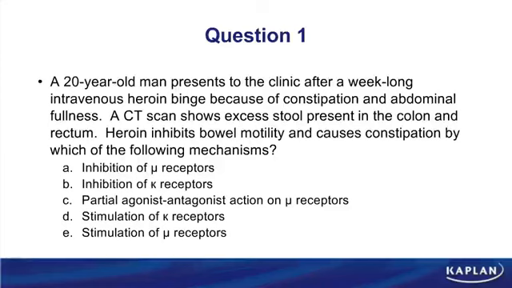In fact, it's a full mu agonist. How does heroin inhibit bowel motility? By stimulating an inhibitory receptor. The correct answer here is choice E, stimulation of mu receptors.